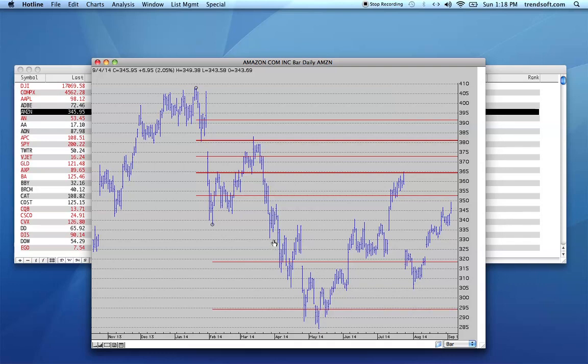So while we did exceed both of those, they were pretty good at projecting where the market would go to. And once we hit that bottom and started back up again, they provided a level. You can see the market came back up to here before it went back down. So applying it to the Amazon chart worked beautifully.